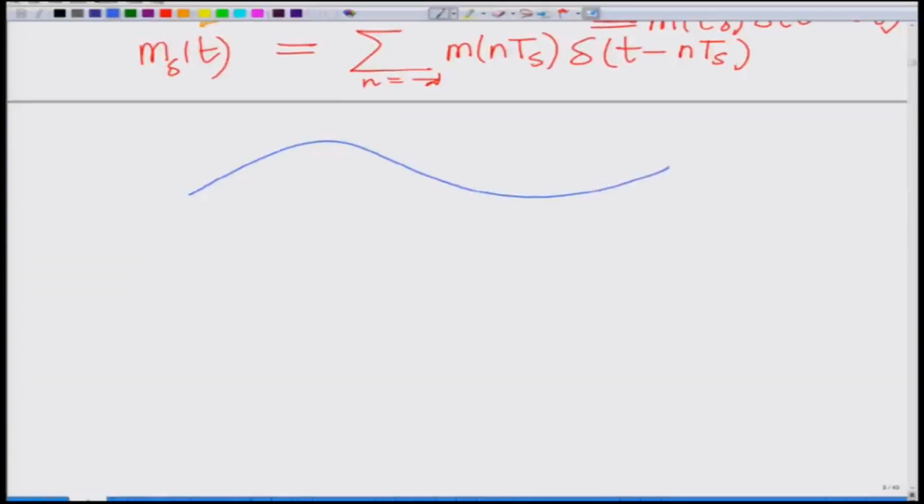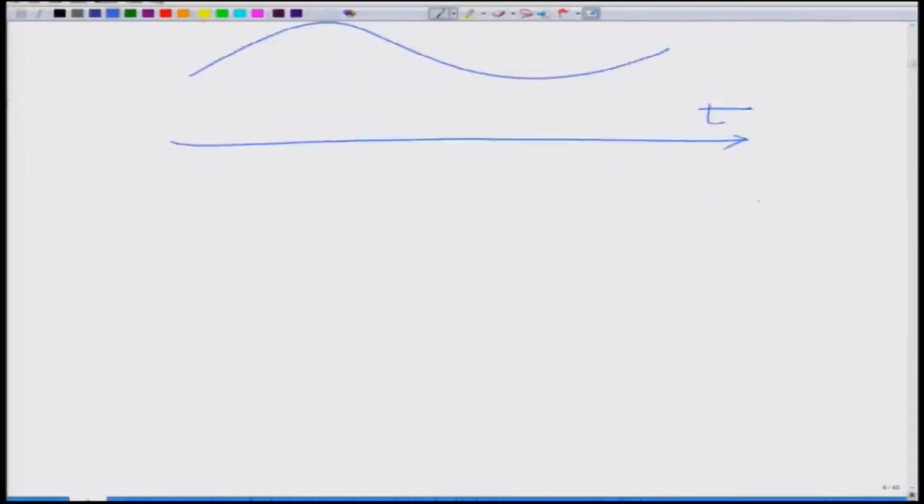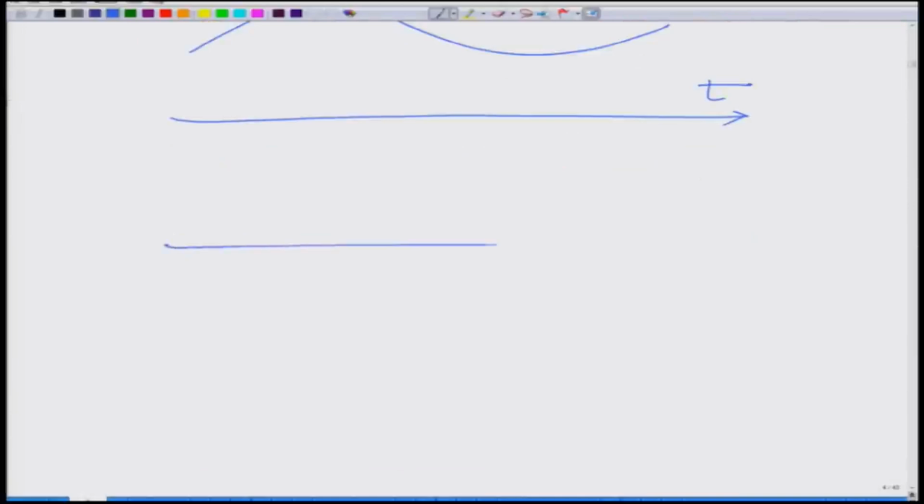We have this original signal, which is varying with time, and now you have this train of impulses at 0, Ts, 2 Ts, 3 Ts and so on, similarly minus Ts, minus 2 Ts, and so on.